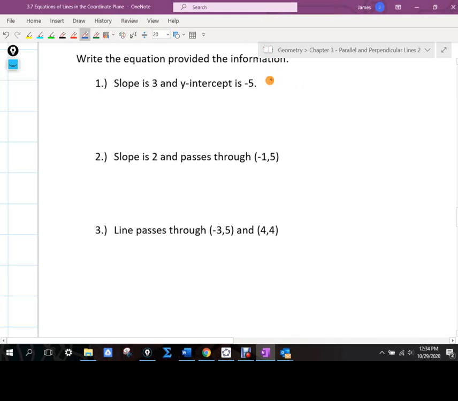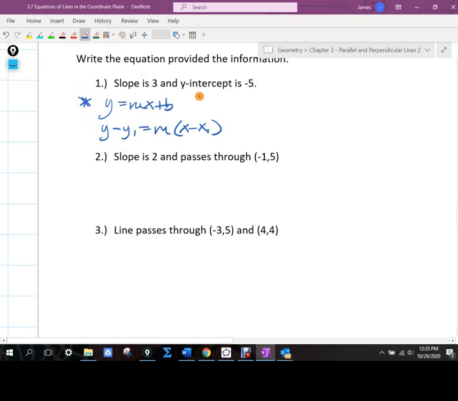In all of these, somehow they have to tell you the slope and a point. So if I want to write an equation, I'm going to use either this formula here or that formula there. Because they tell me the y-intercept, which one of those is probably the best formula to use?